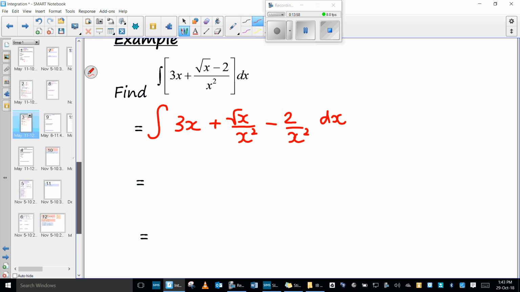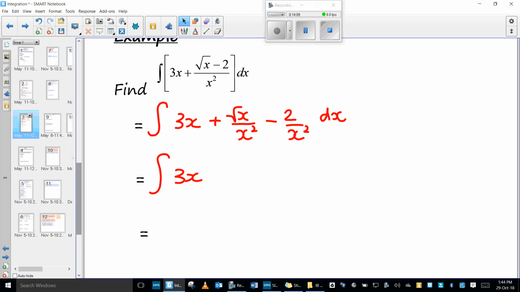So our question still has the integral sign, so we haven't done anything with it yet. We've still got 3x, because that's sitting there on its own. Now, root x. How do I need to consider root x? X to the power half. Now, we're using our laws of indices here. When we have x to the power of half over x to the power 2, what's our rule?